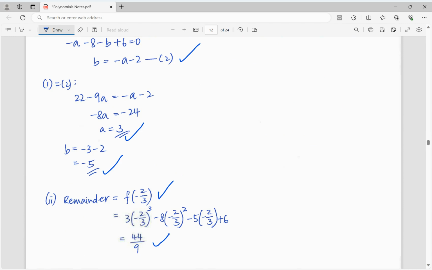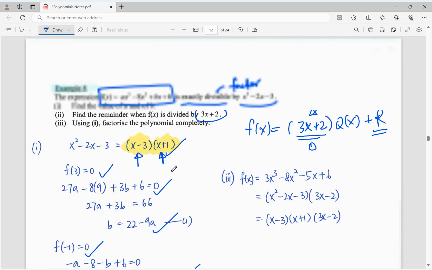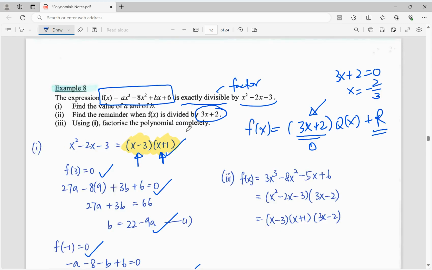For part 3, using part 1, factorize the polynomial completely. Since the polynomial is given with a and b solved, this is what it looks like. And we know that this is a factor given in the question. Now to find the next factor, I simply make use of the first term, which is 3x cubed.